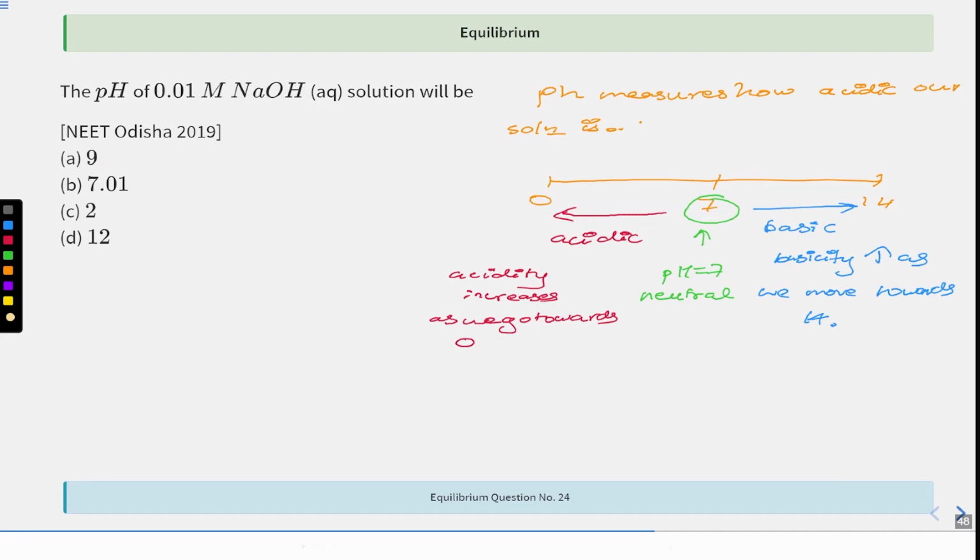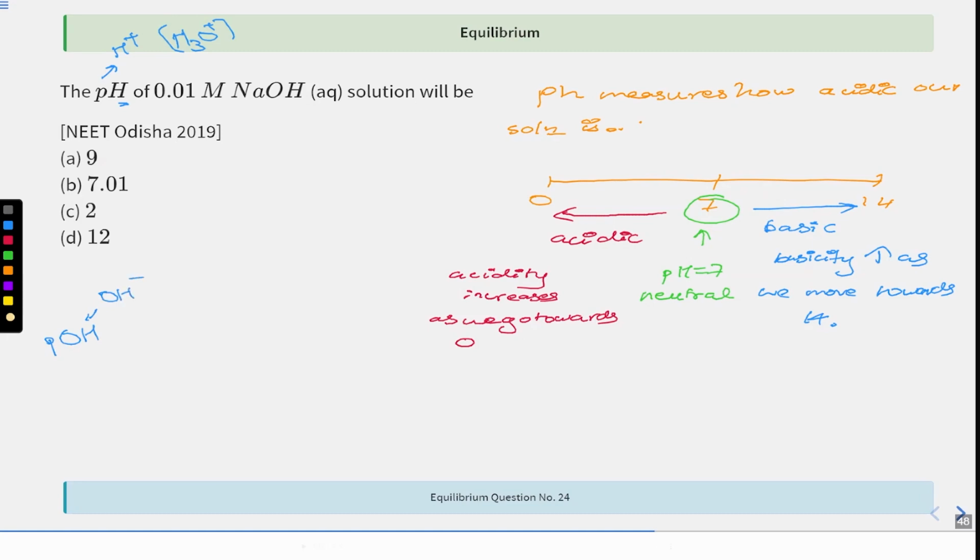Now, we have a thing of pOH and pH. So pH measures the hydronium ions that are present over there, right? Hydronium ions means our H plus or our H3O plus ions. On the other hand, we have pOH, and pOH measures the basicity. pOH is related to our OH minus ions.